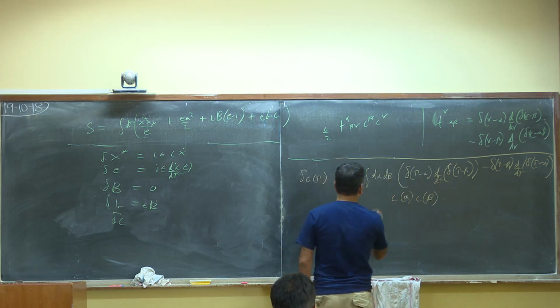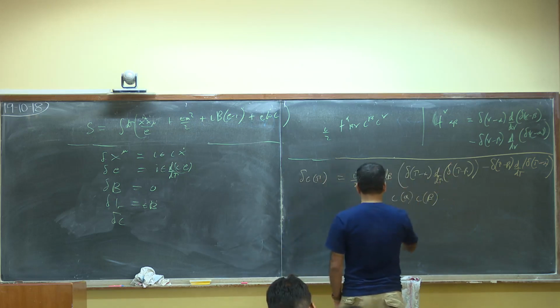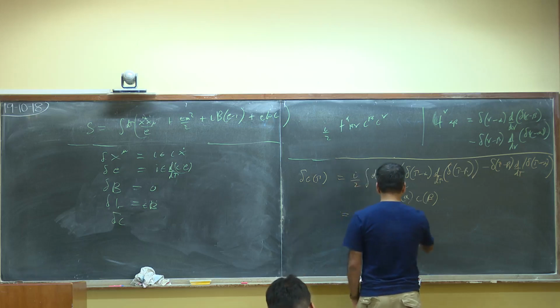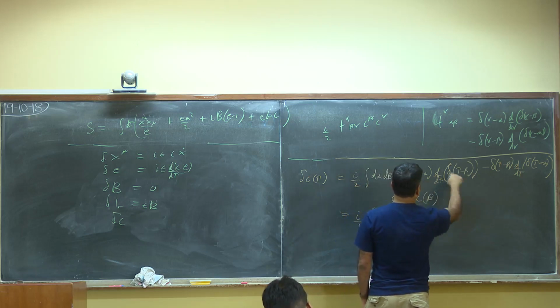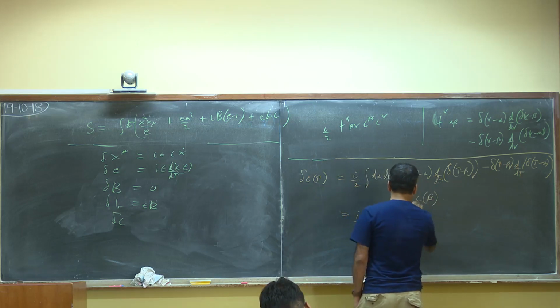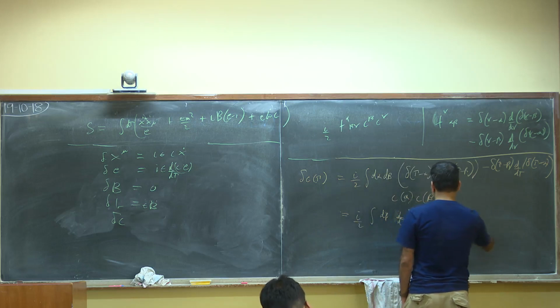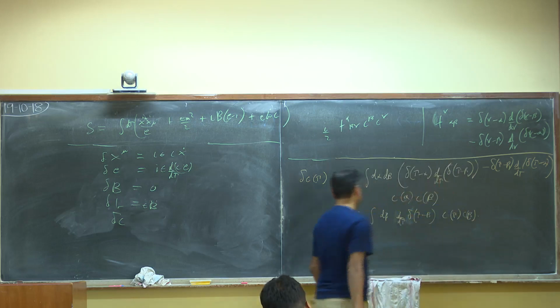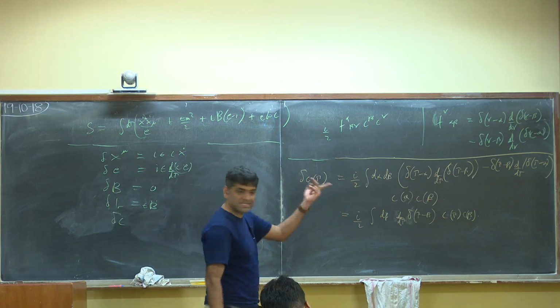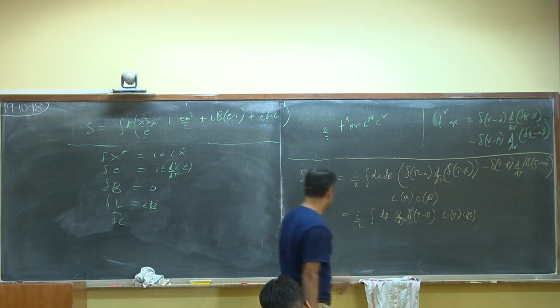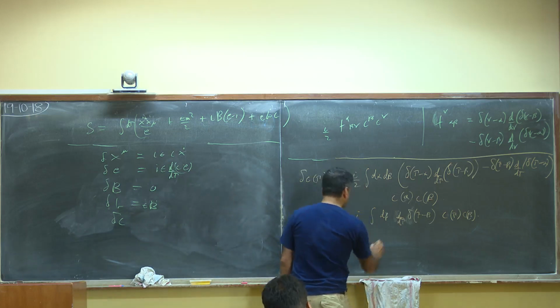So it's i by 2. The first term is integral d beta, d by d tau of delta of tau minus beta, and then c tau c beta. And then there's a similar term, so let's work this first term out. So that's i by 2.